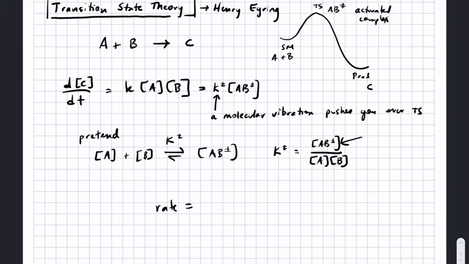Rate equals little k, which is the rate constant for the molecular vibration that pushes you over the transition state, and then big K double dagger, which is the equilibrium constant, times the concentration of A times the concentration of B.